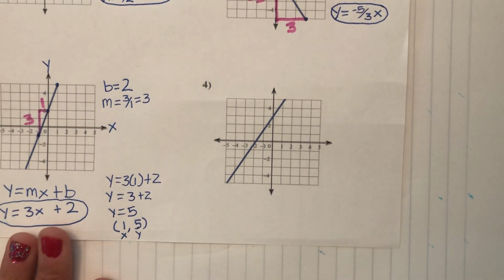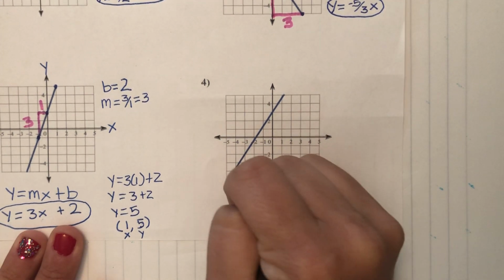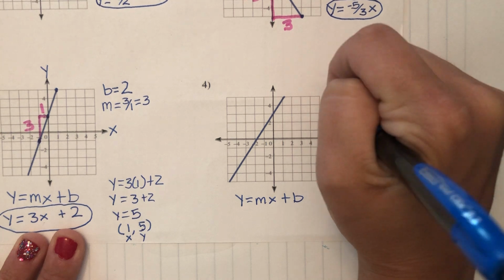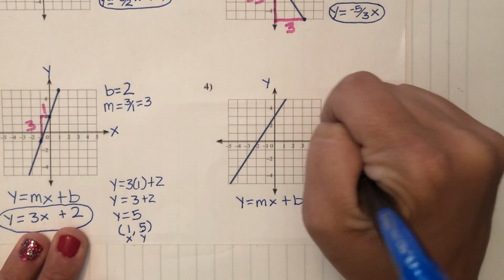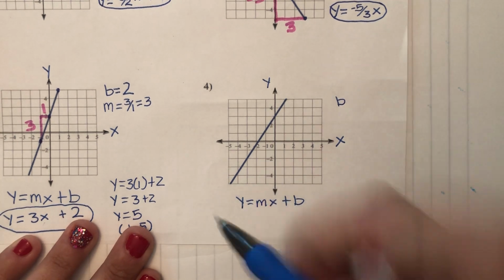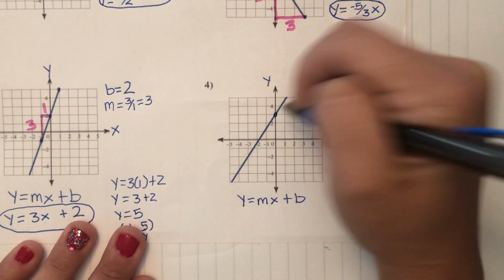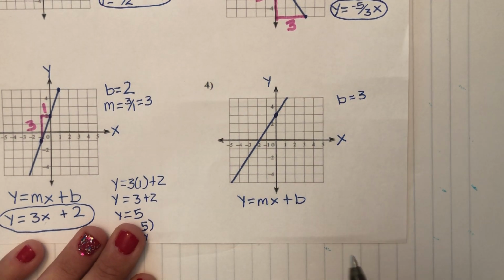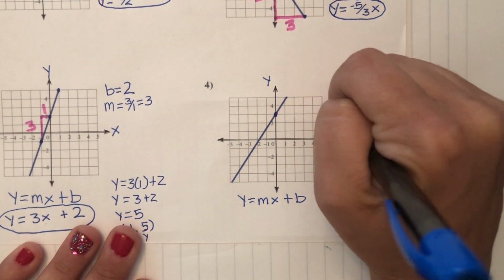All right, number 4. y equals mx plus b. Let's identify our y-intercept, where the graph is crossing the y-axis at. It's crossing right here at 3. And then we need to calculate the slope. This is a positive slope.